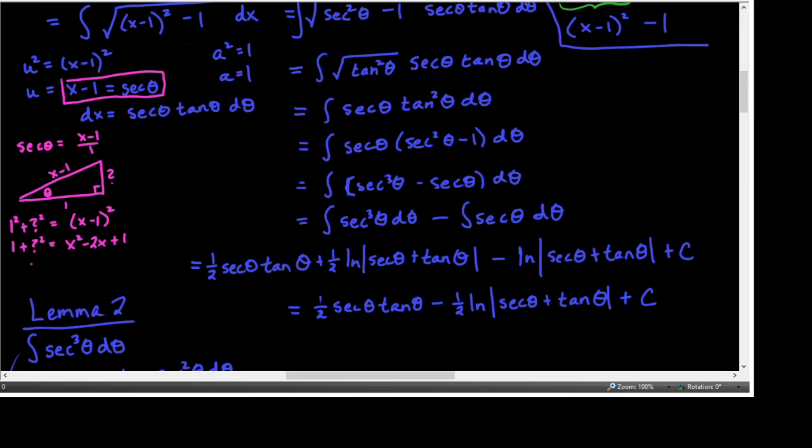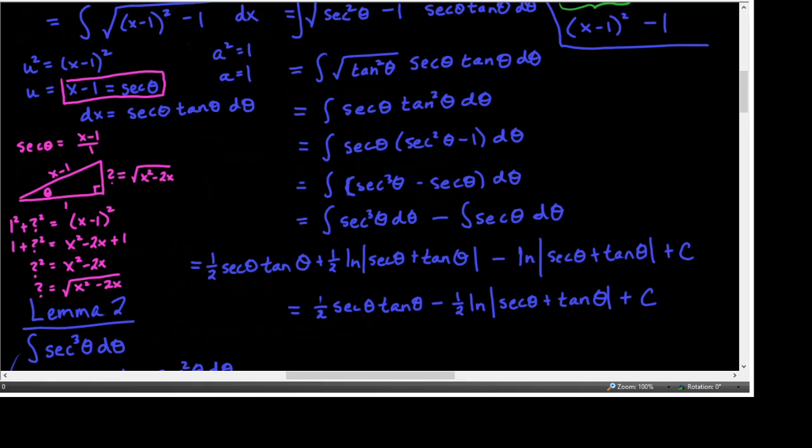Then if I subtract 1 from both sides, I'll get x squared minus 2x is what question mark squared is equal to. So question mark is the square root of x squared minus 2x. So this is the square root of x squared minus 2x.